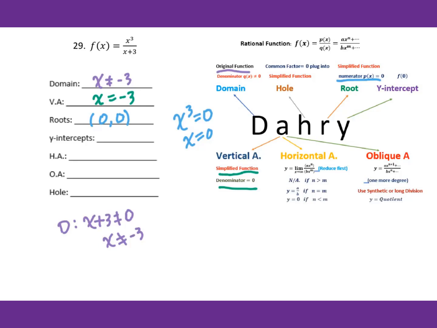For y-intercept, basically that is f of 0. So we get f of 0. Plug in. You will get 0 to the third power over 0 plus 3, equal to 0.